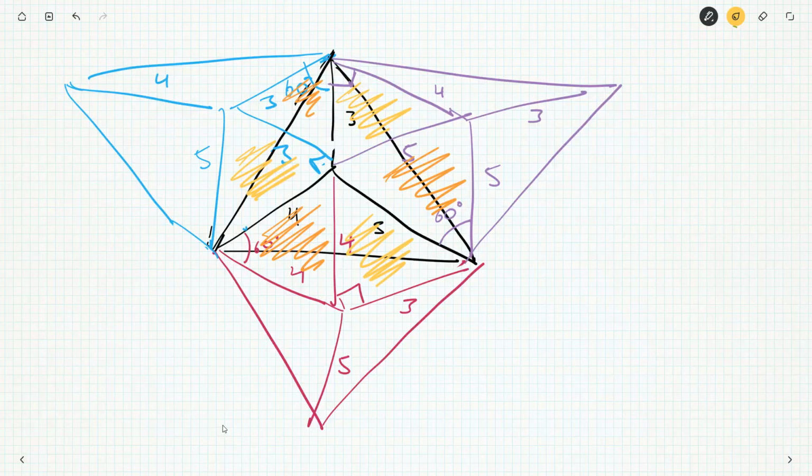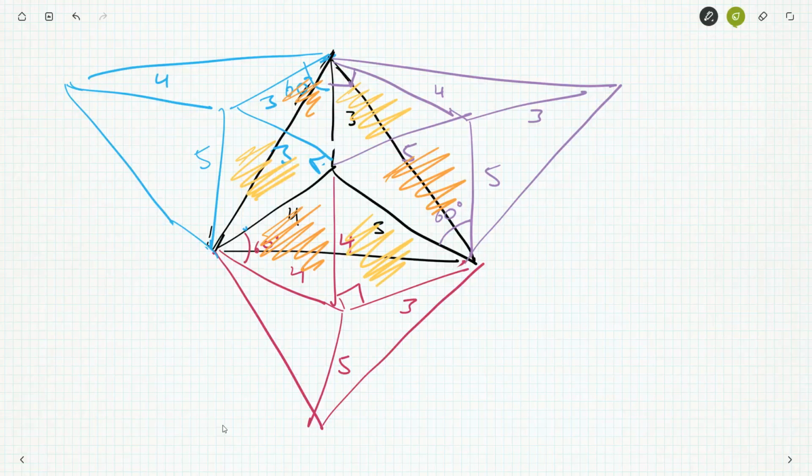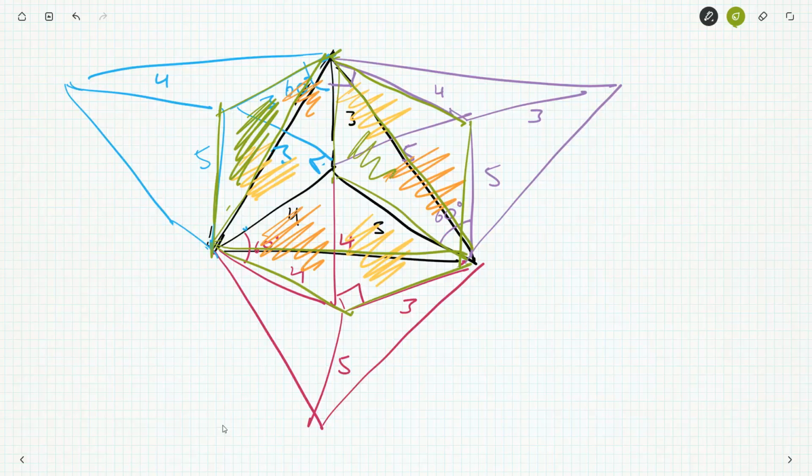The problem here is I've got these extra bits, which I will highlight in green. So these extra copies, but if I look carefully, this one here is just this one here.